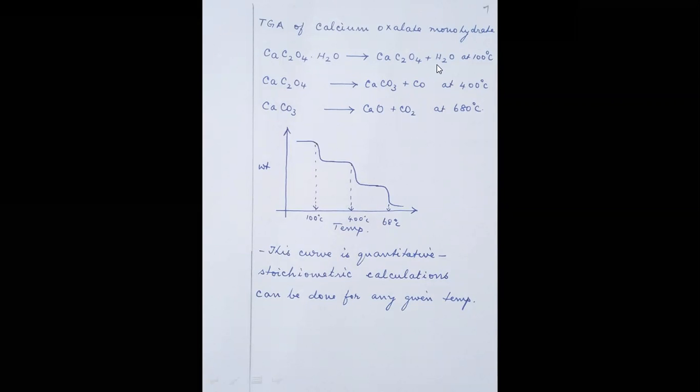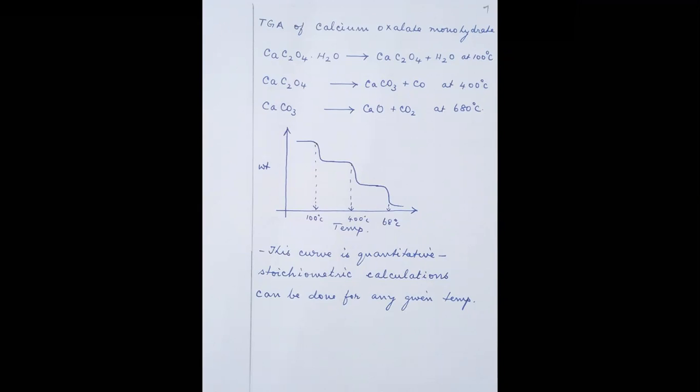If these products were also solid, then this thermogram is of no use because the total mass is not going to change. Only the composition has changed, but the total mass remains the same according to conservation of mass. So in such situations, the thermogram recorded will not give you any useful information.